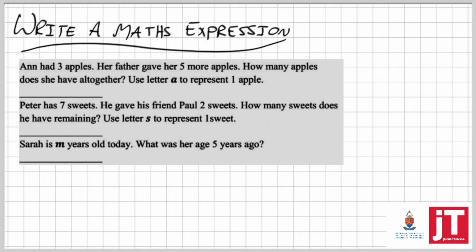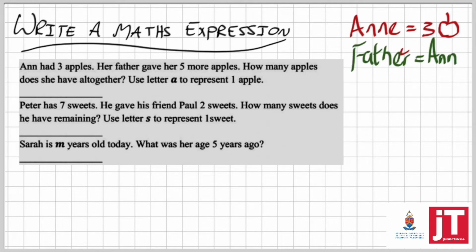Let's start by simply saying, okay, Anne had 3 apples. I did my best to try and draw an apple. I'm no Picasso, I'm not Van Gogh. I don't know how to draw apples and pears and stuff. That's about my best attempt, please don't judge me. Then Anne's father gave Anne 5 more.